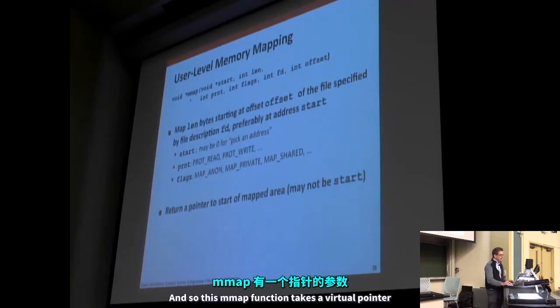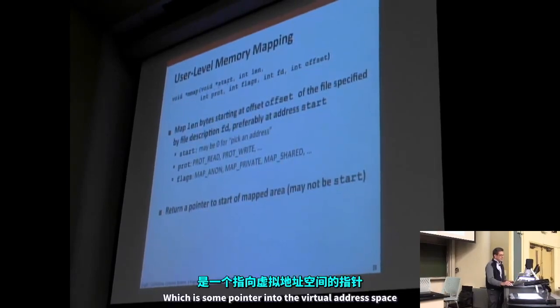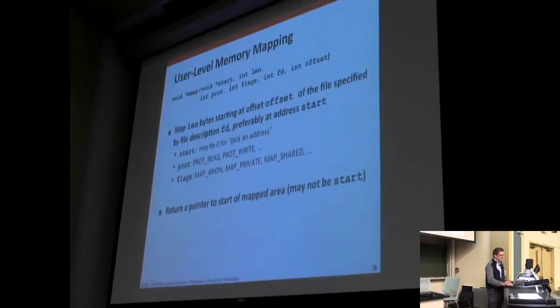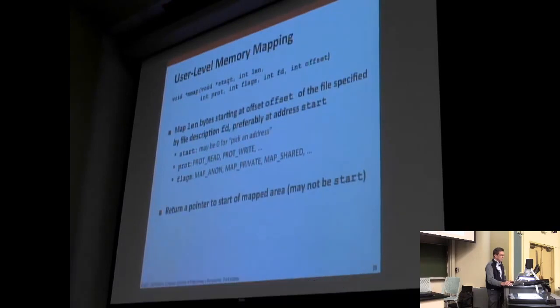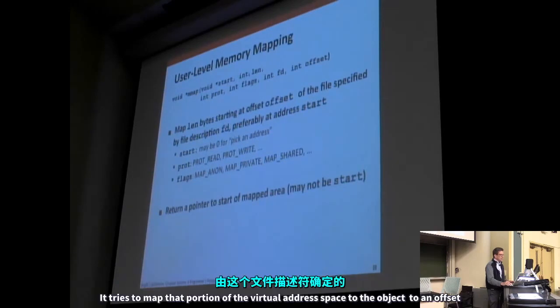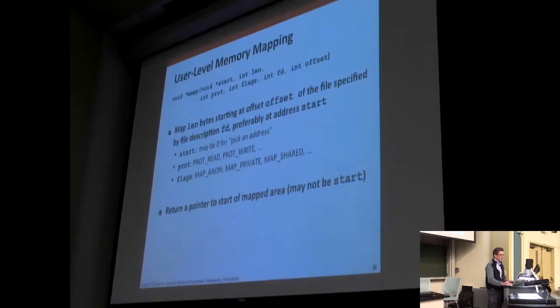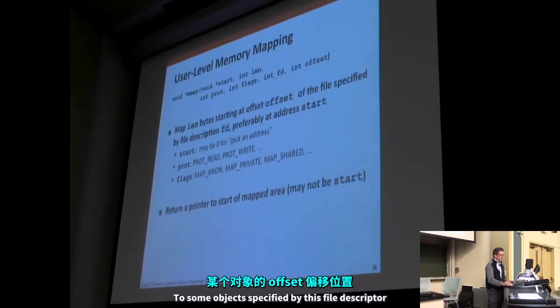And so this mmap function takes a pointer, which is some pointer into the virtual address space, and it tries to map length bytes starting at this address. It tries to map that portion of the virtual address space to an offset in some object specified by this file descriptor.